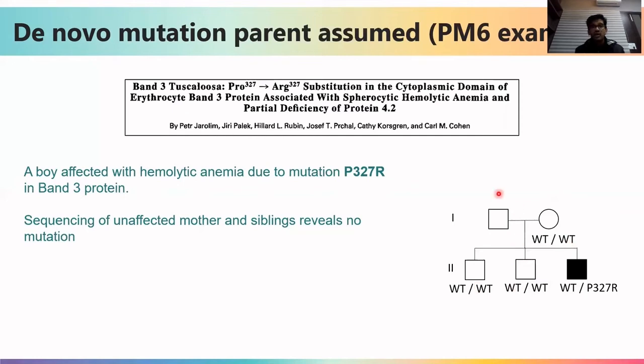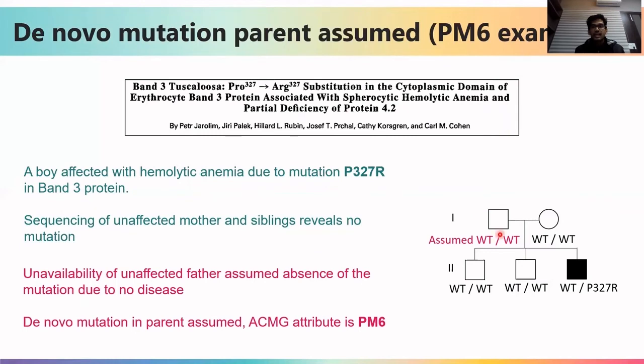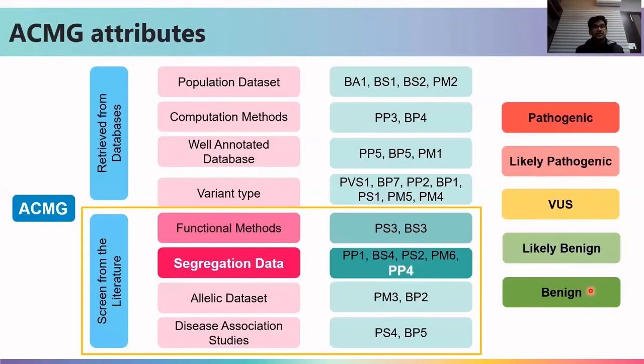But due to the unavailability of the sample of the father, they assumed that the father also does not have the variant, based on the clinical history as well as the family history. So due to the assumption that the parent does not have the variant, this particular ACMG attribute has been marked as PM6, that is P327R, on the basis of assumption.